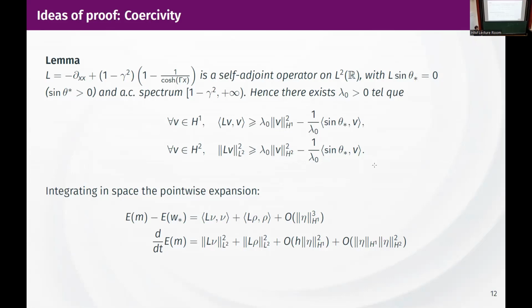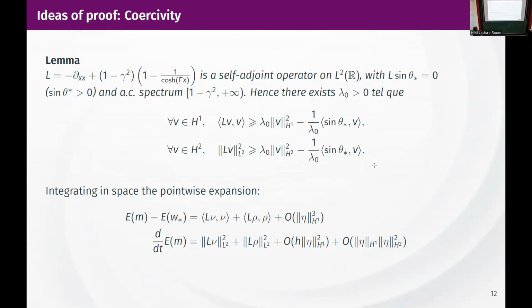So Sturm-Liouville tells me that you have a gap, and actually the absolutely continuous spectrum starts at 1 minus gamma squared. So up to this vector, it's definitely positive. So you have a zero and then a gap.